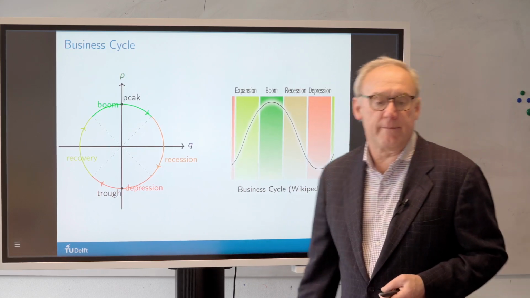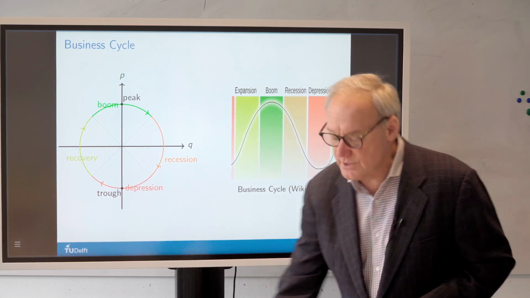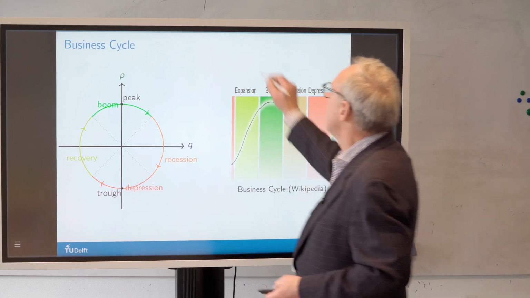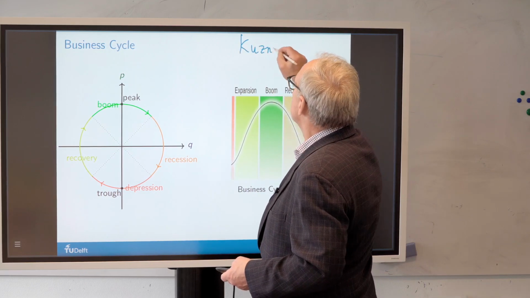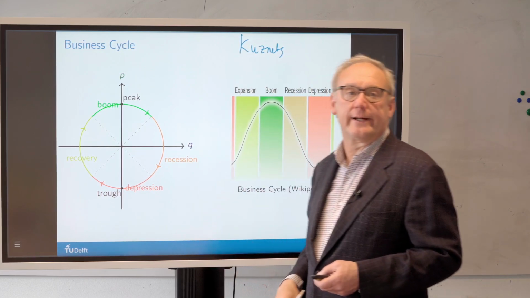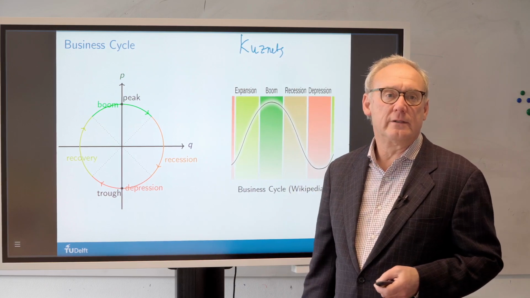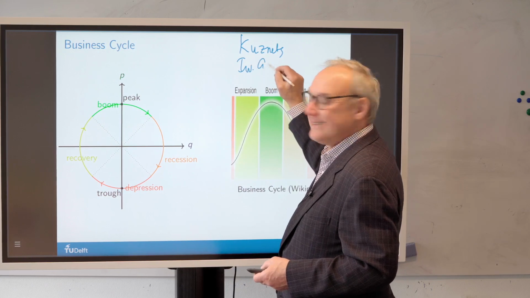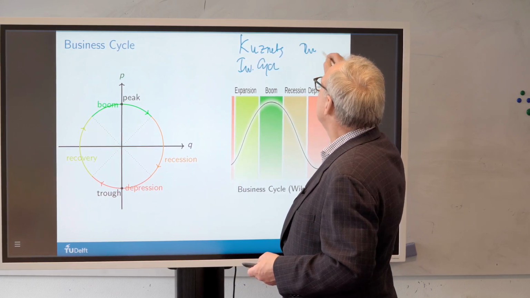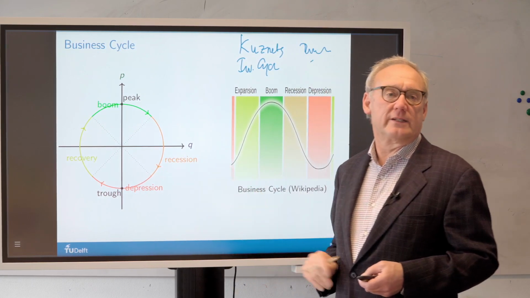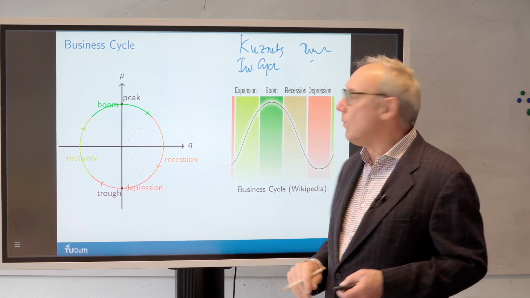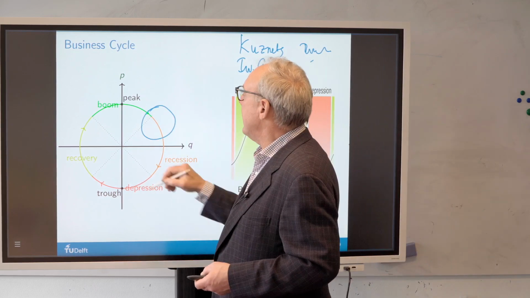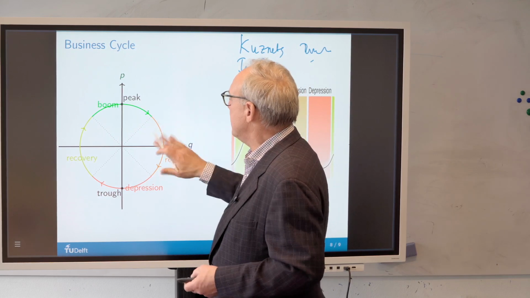If you look it up, there's the Kuznets cycle, and then there is the Kitchin cycle, or inventory cycles, and the investment cycle. There's an inventory cycle, and there's a bunch of other cycles.